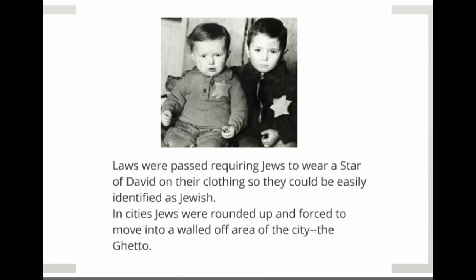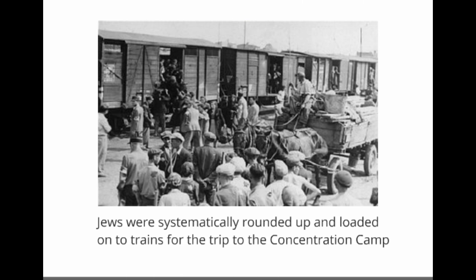The next step would be to round them up in particular areas of cities, to register them, and then, once the concentration camps were built, ship them off to be used as slave laborers and to be exterminated.